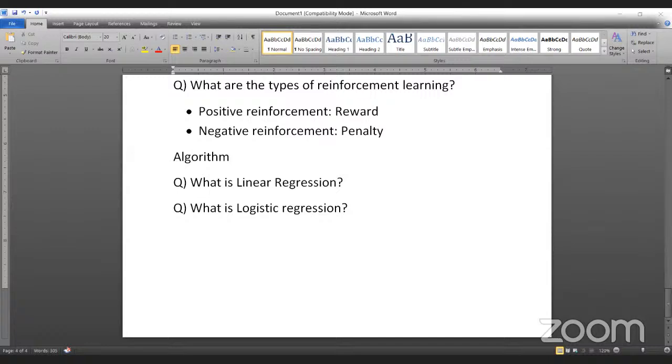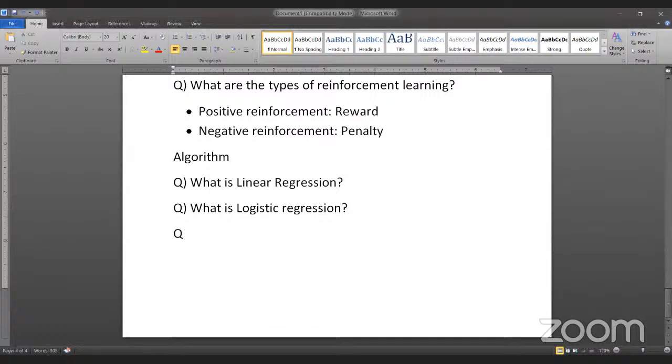Let's take the last question for today. What is a decision tree and random forest?